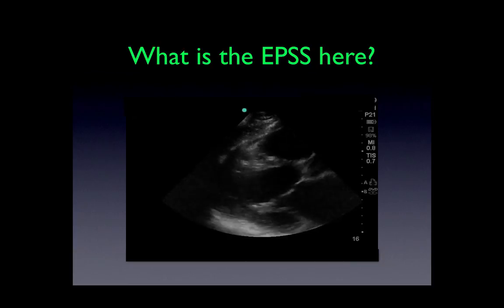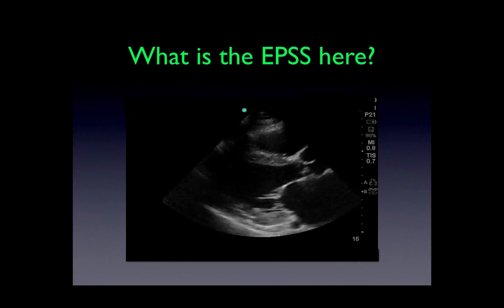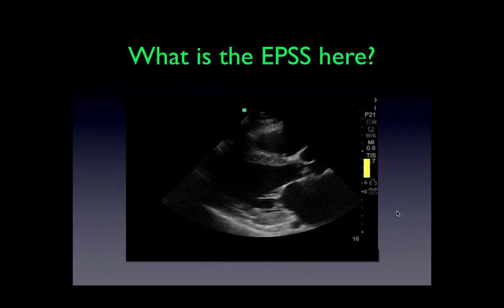Now, what's the EPSS here? Well, let's take a look at the mitral valve. The image is now frozen, and the mitral valve is sitting over here. On the scale over here, to the right, going from the top of the screen down to the bottom, the scale is set so the depth is 16 centimeters. Each hatch mark from here to here, from here to here, and so forth, represents 1 centimeter.